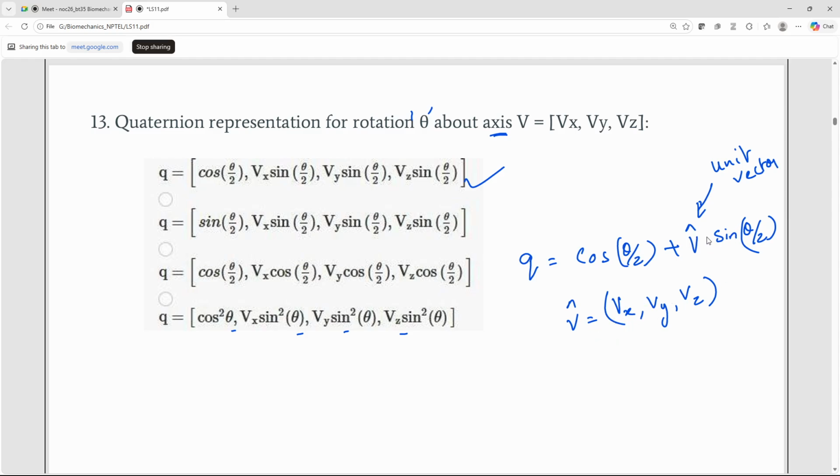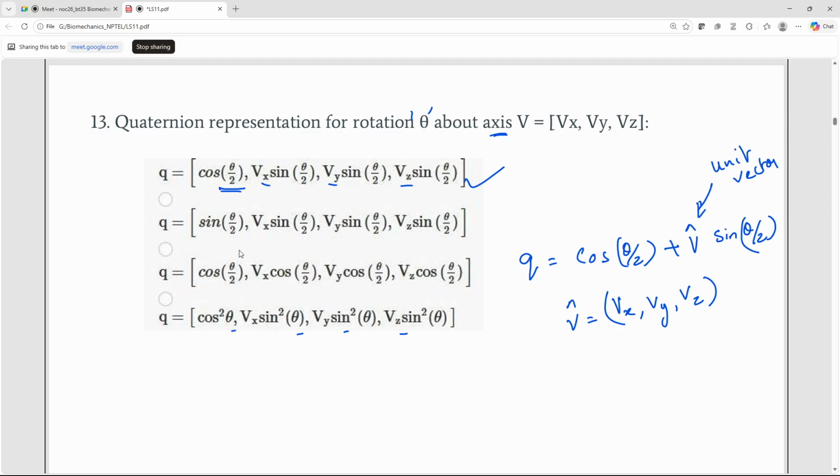When expanded, the sin theta by 2 gets multiplied inside, and it becomes cos theta by 2, and all the other components Vx, Vy, and Vz have sin theta by 2. So that's the correct choice.